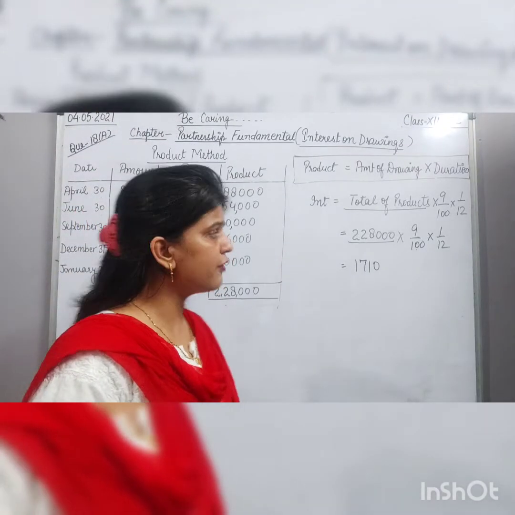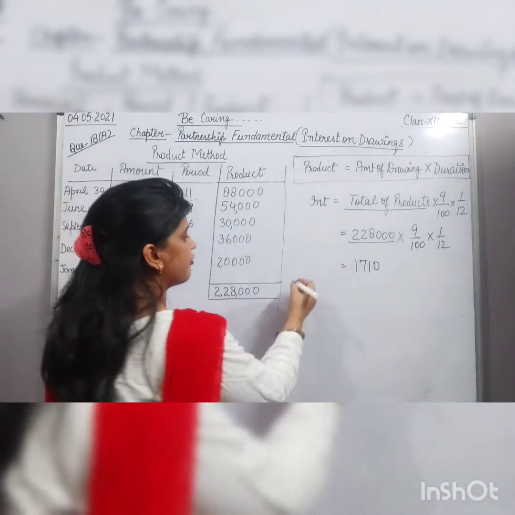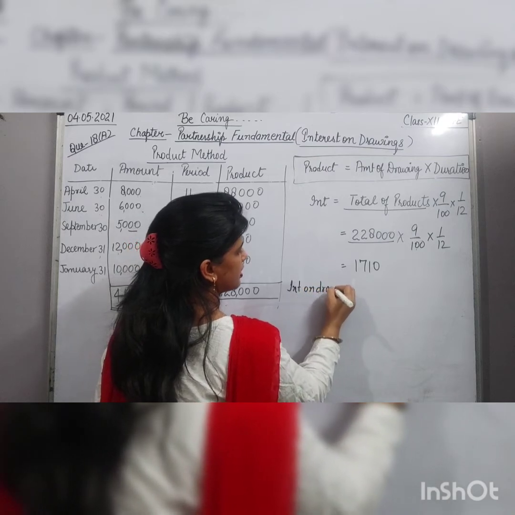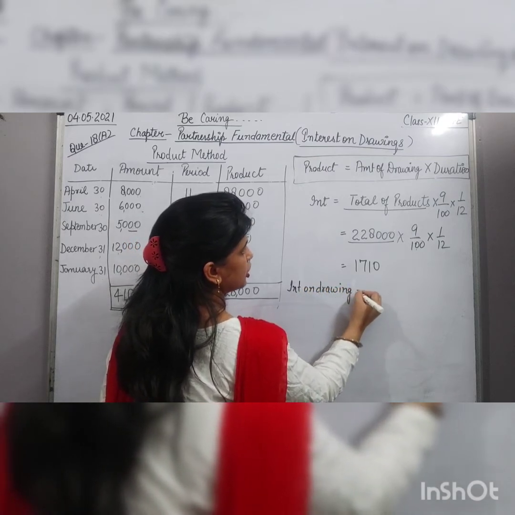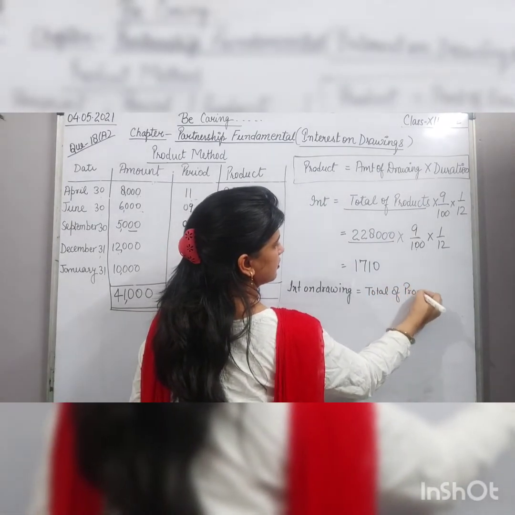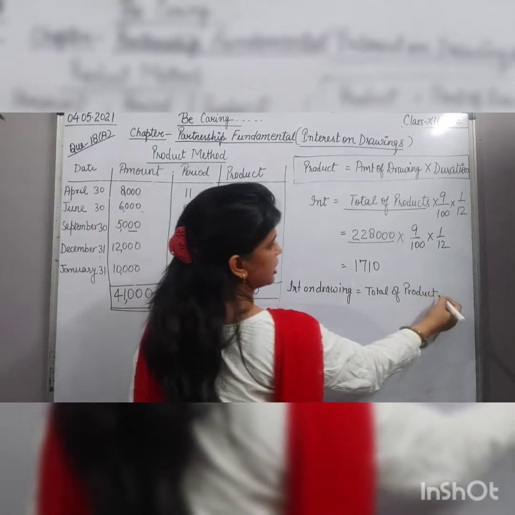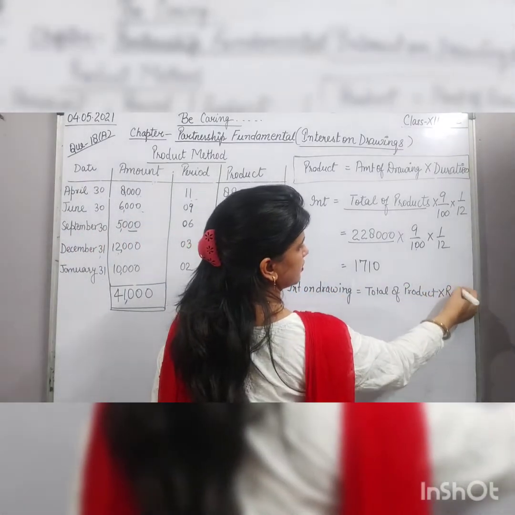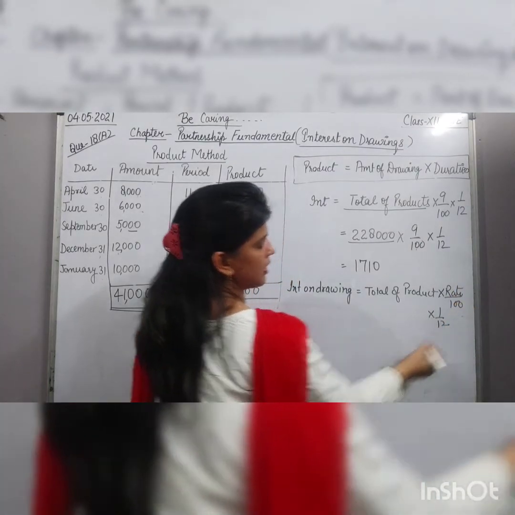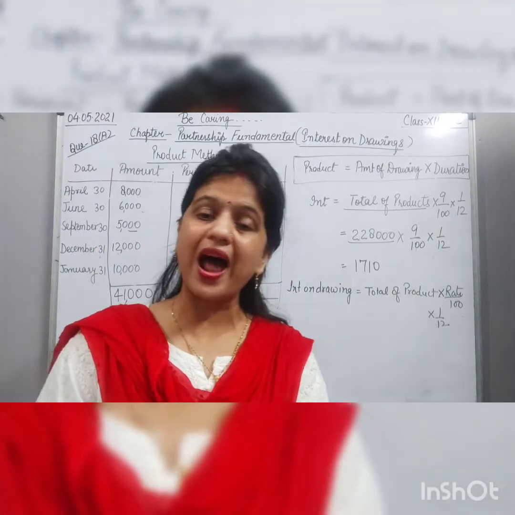Children, here we have done it directly, but the formula for calculating interest on drawing is total of product, that we have calculated over here, into rate upon 100 into 1 by 12. As I already told you, we have to calculate it for 1 month.